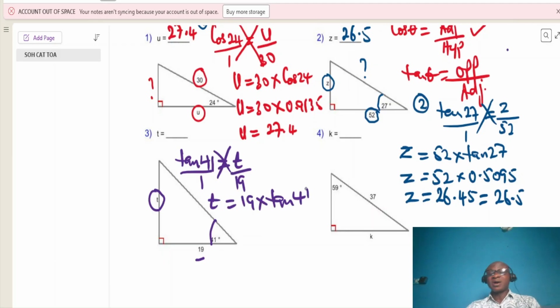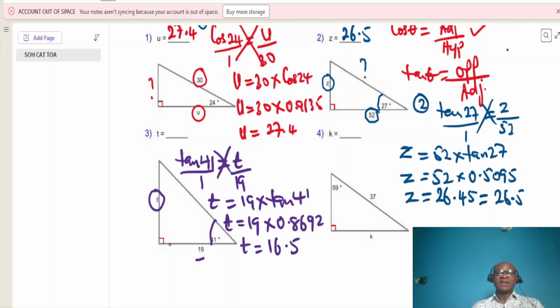With my calculator, I can find the value of tan 41, and tan 41 is exactly 0.8692. Then I will use it to multiply 19, making the value of t equal to 16.5. 16.5 is the opposite side of that angle 41.